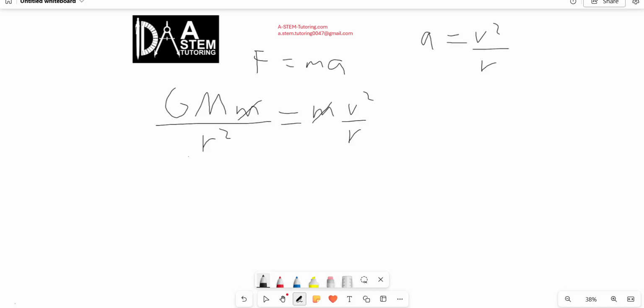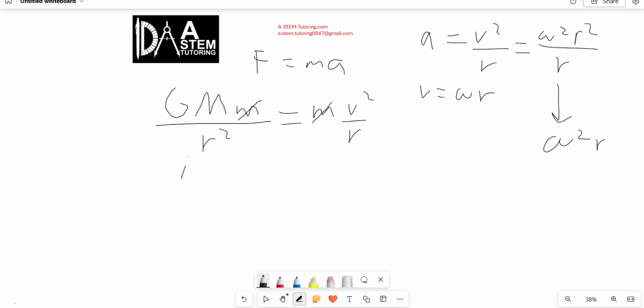Now, v in terms of angular speed: v equals omega r, where omega is the radian speed or radian frequency of the object going round and round in circles. So that means v squared over r equals omega squared r squared over r. And then this equals omega squared r, because r squared over r is just r.